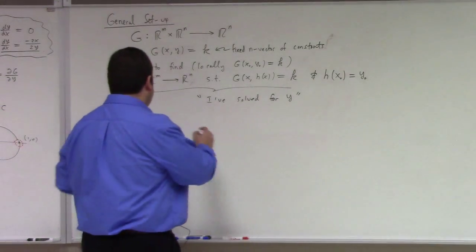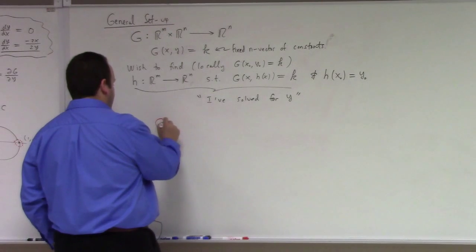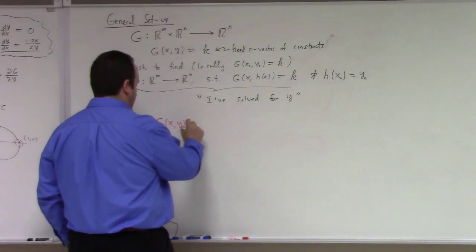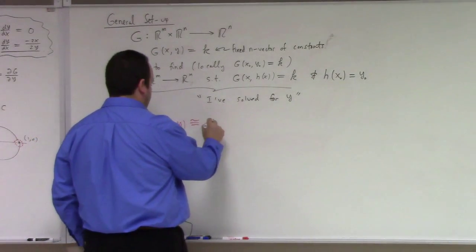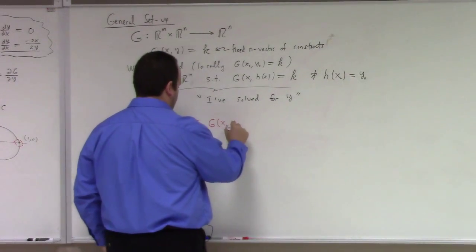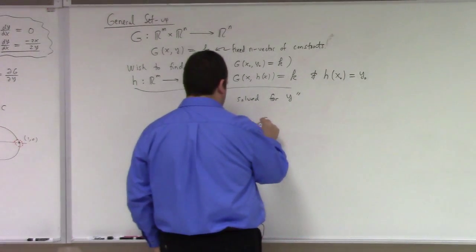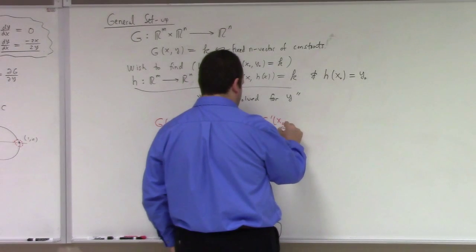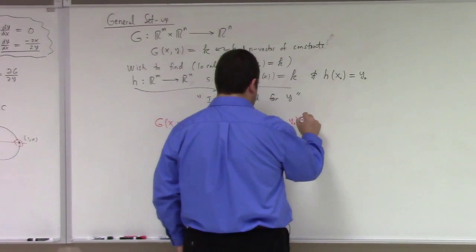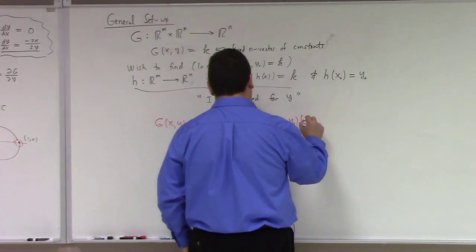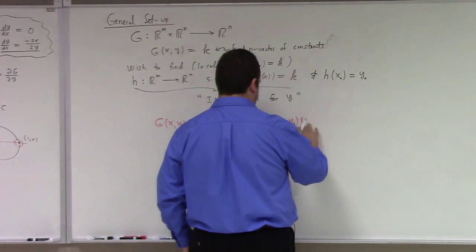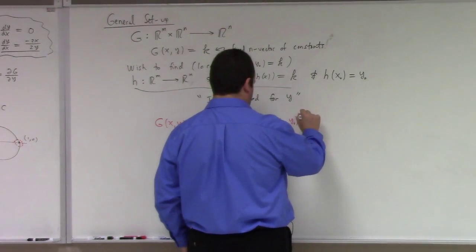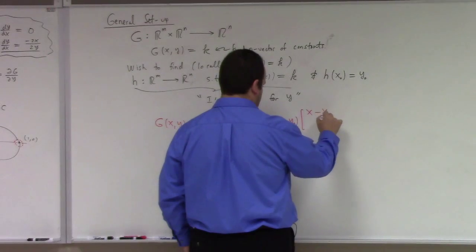All right, so here it is. We have g of x, y is approximately g of x naught, y naught plus g prime of x naught, y naught times, well, let me write it as a vector, x minus x naught, y minus y naught.